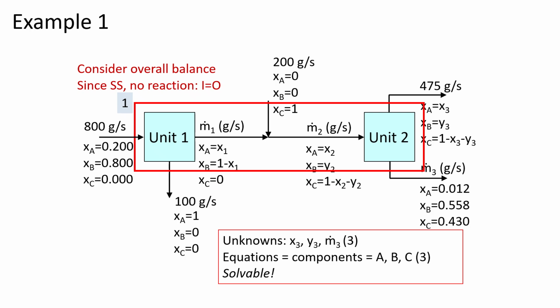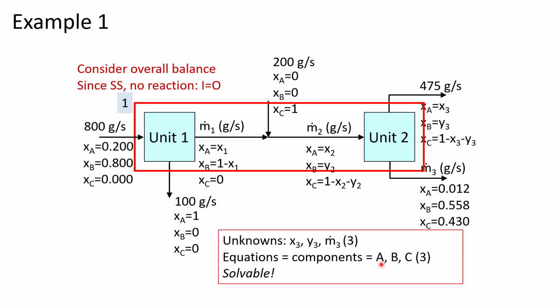So let's start with the overall control volume 1, which is drawn here. As we just talked about, there are 3 unknowns: x3, the mass fraction of A in the top product from Unit 2; y3, the mass fraction of B in the top product from Unit 2; and m dot 3, the flow rate of the bottom product from Unit 2.